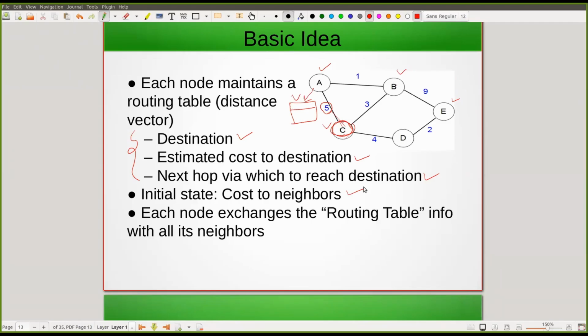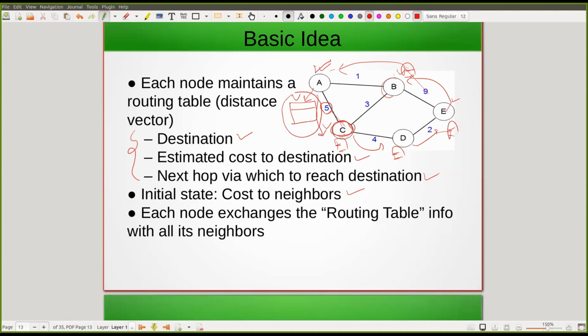Then everybody maintains a distance vector at its own end, and what they do is exchange the distance vectors among each other. Everybody starts exchanging this routing table information, the local information they have, with each other. Whenever somebody receives it, say B sends its distance vector to A, then A has to update its own distance vector.